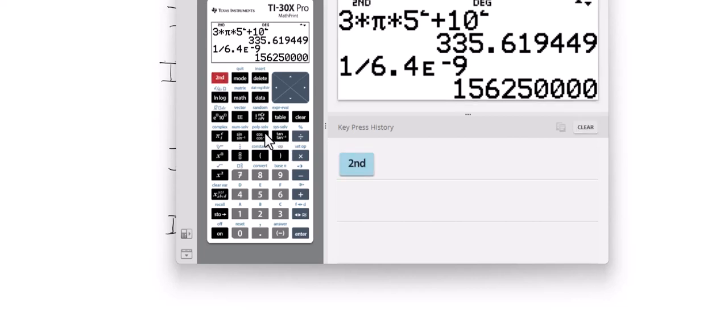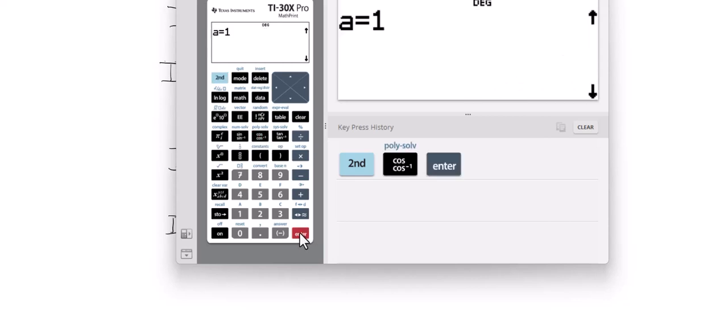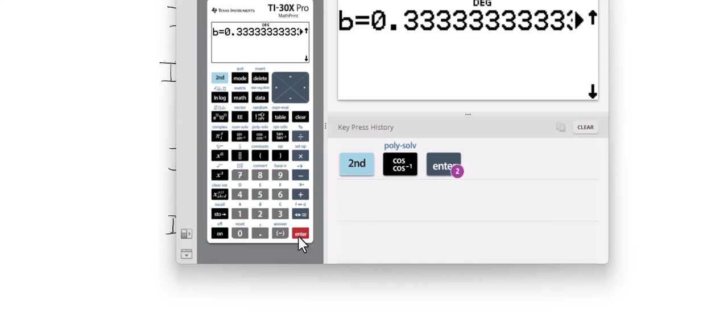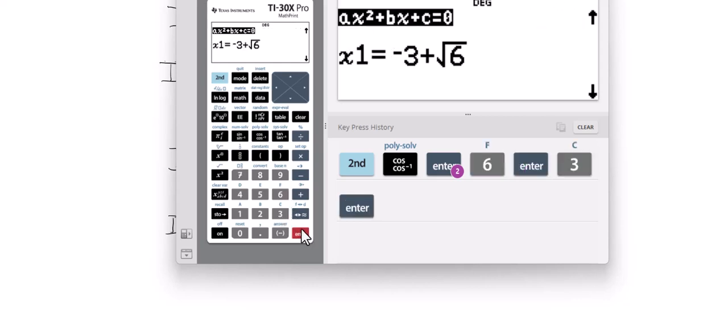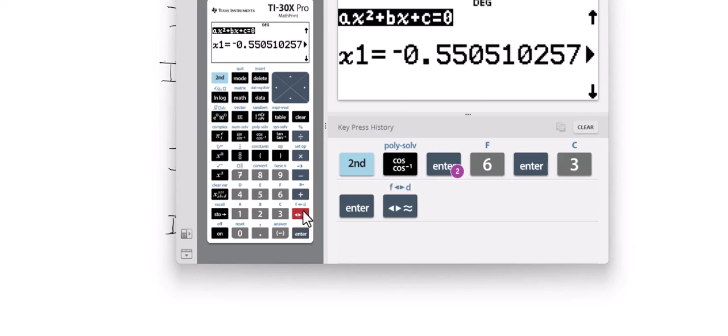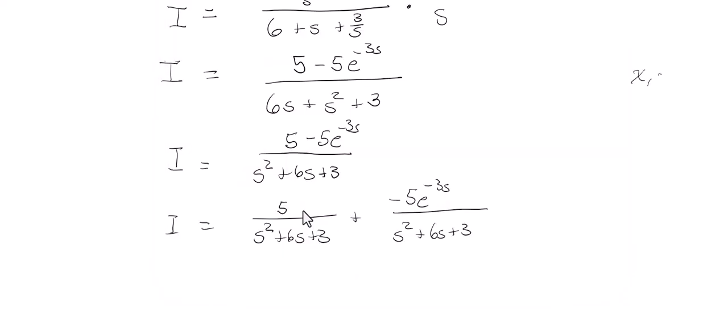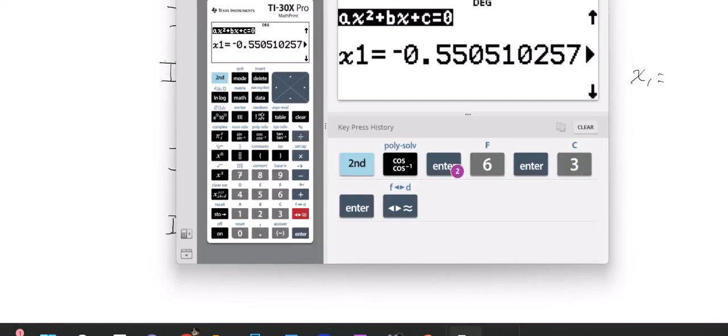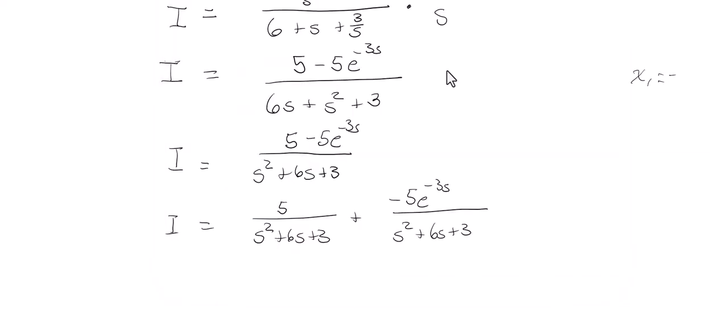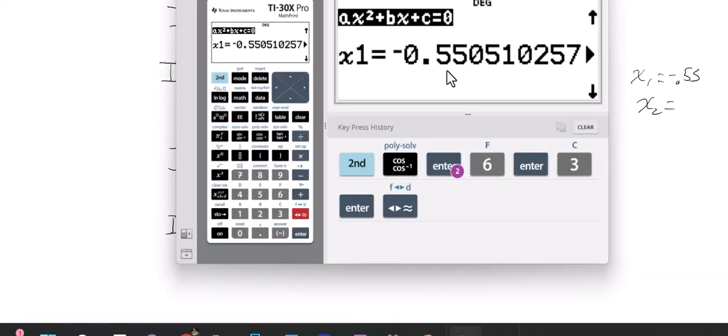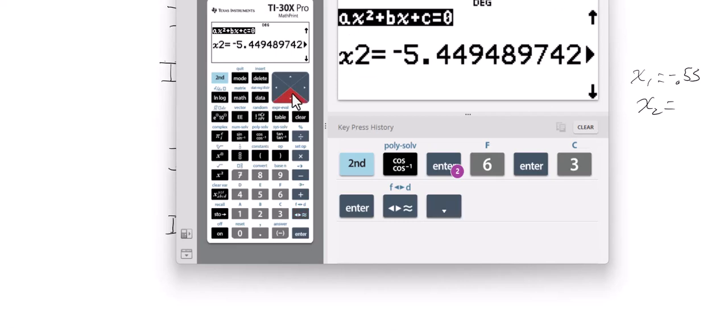So I'm going to do polynomial solve, and a is 1 and b is 6. Was b 6? Yes. And c is 3. And I get x1 was minus 0.55 and x2 is minus 5.45.